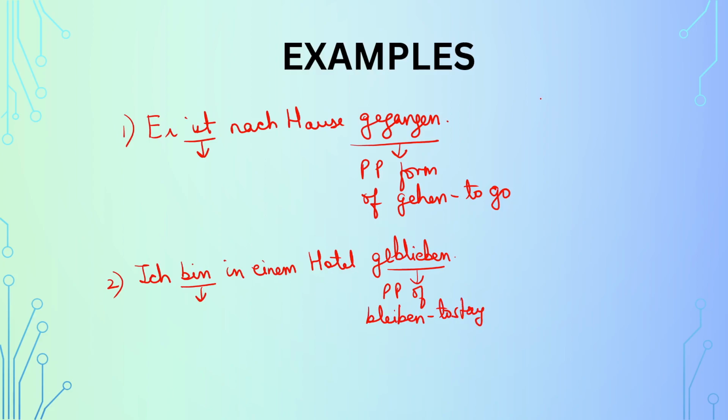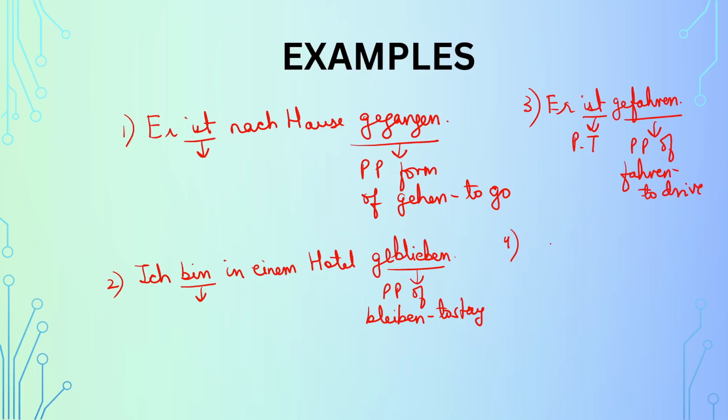We'll take another example. Er ist gefahren, which means he drove. So ist is the present tense form of sein and gefahren is the past participle of the main verb fahren, which means to drive.